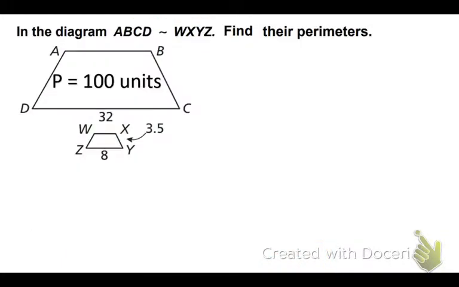It says in the diagram, ABC is similar to WXYZ. Find the perimeters. I don't think you have your information. This is not printed on yours. So you can go ahead and write it in because it is necessary.